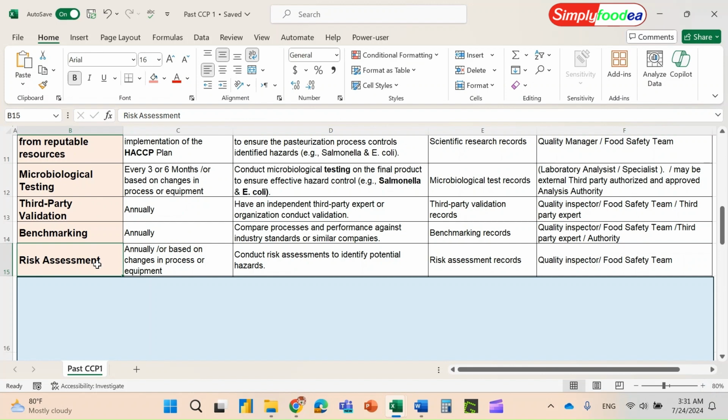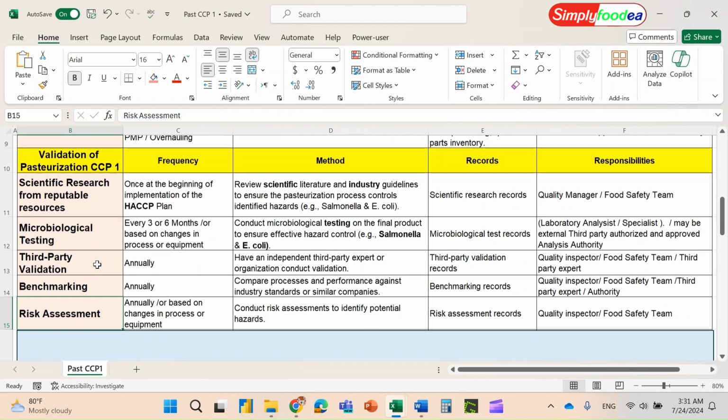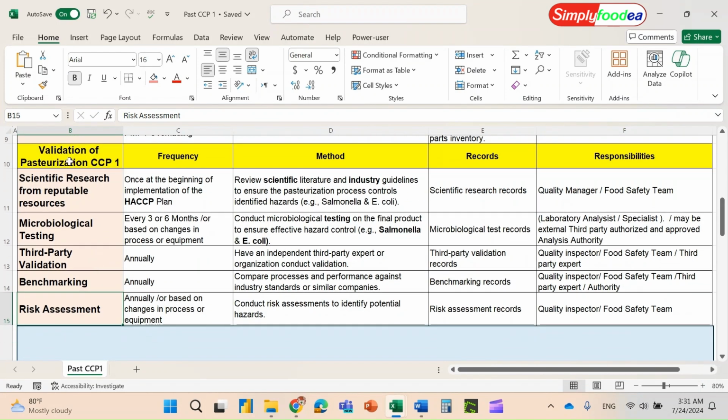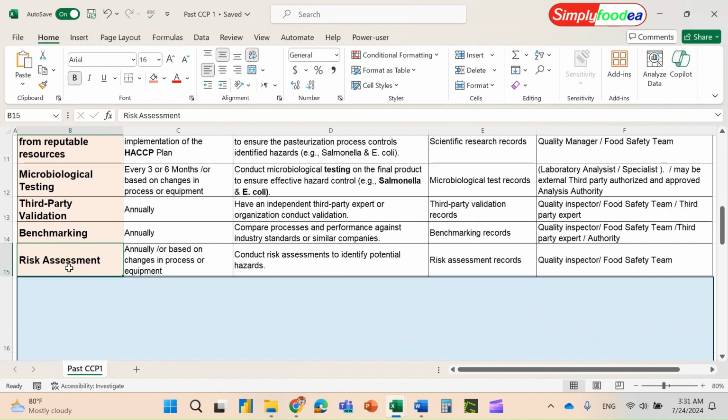The other validation. Again, we are talking about the validation of the pasteurization process according to risk assessment. I put a risk assessment and then identify the microbiological risk in this process.